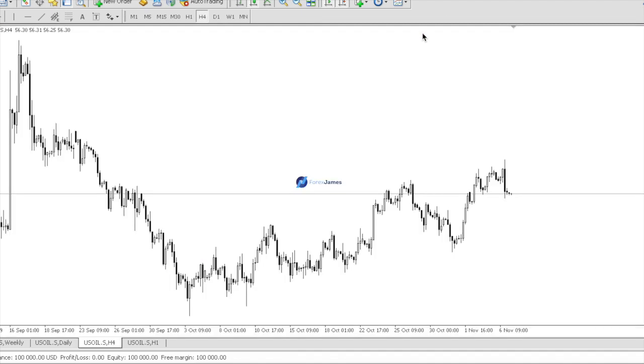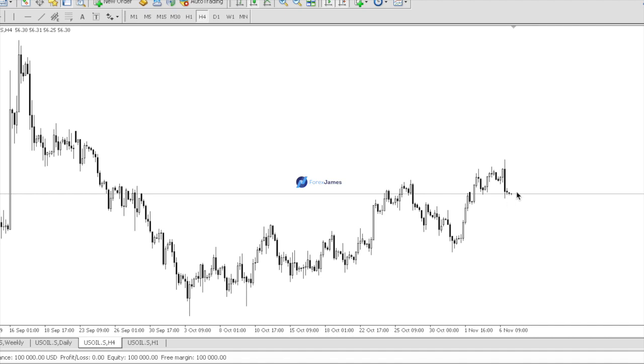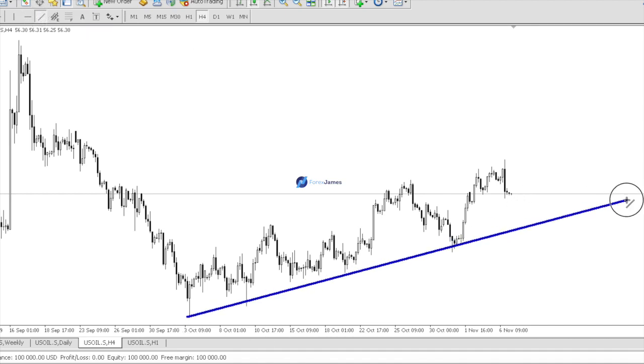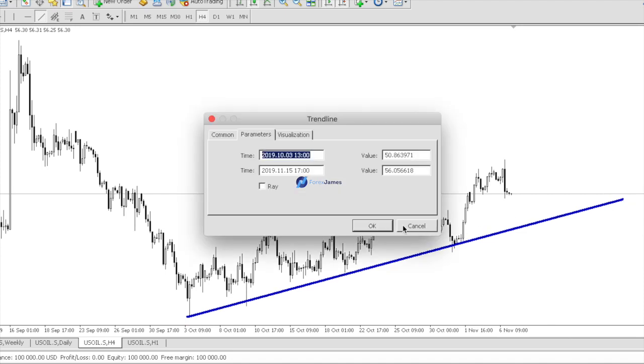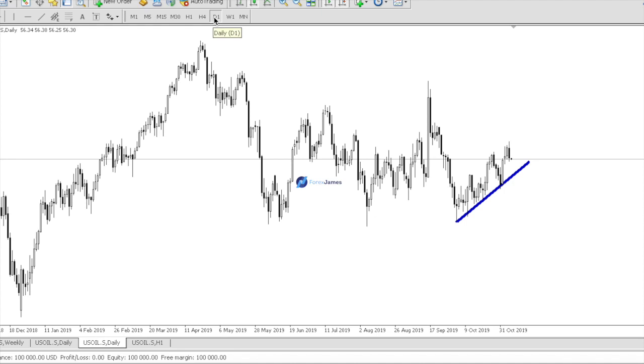On the H4, this candle kind of confirms the down cycle. You can get a better look at the trend line of the channel on the H4 than the daily.